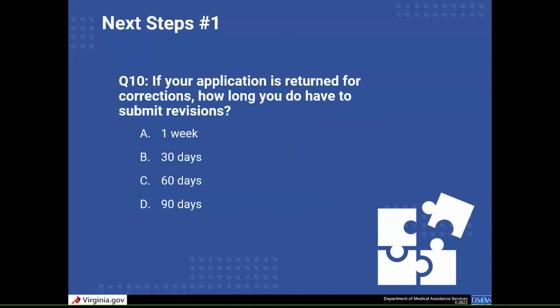If your application is returned for corrections, how long do you have to submit revisions? Is it 1 week, 30 days, 60 days, or 90 days? The correct answer is 30 days, and this applies to new enrollments and revalidations.